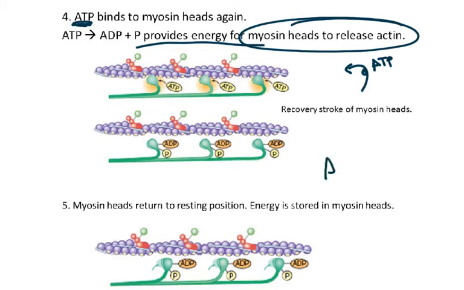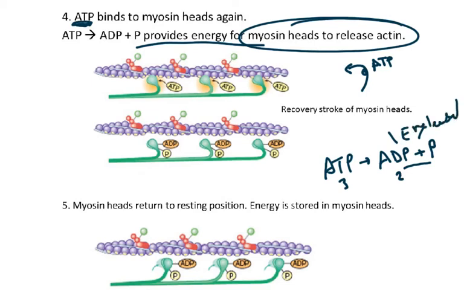As the ATP cleaves off one of the phosphates, it becomes an ADP. The T is for 3, the D is for 2, and we're talking about numbers of phosphates. So when you break down ATP, you form ADP and a free phosphate. Energy is released here as well.